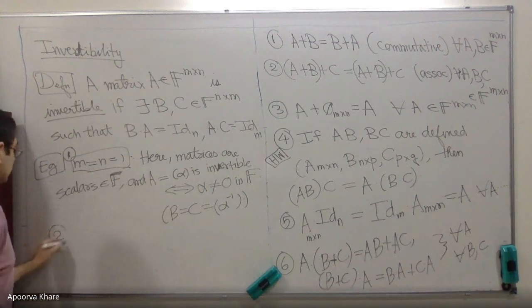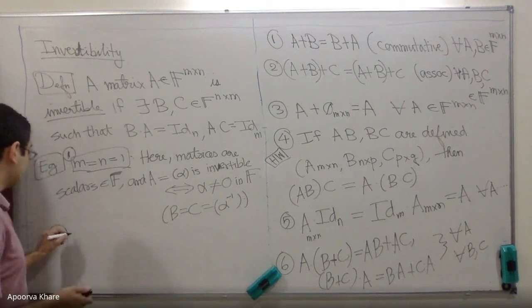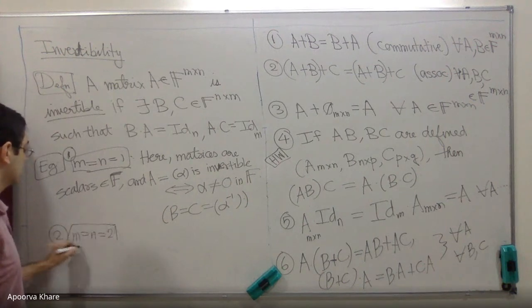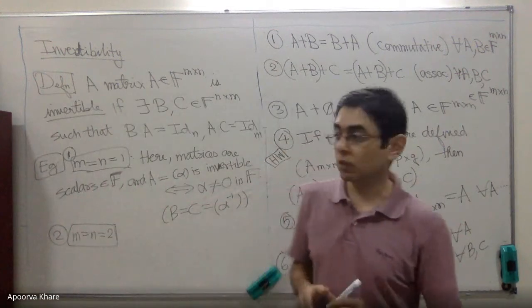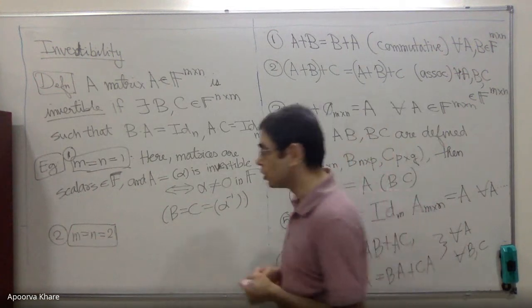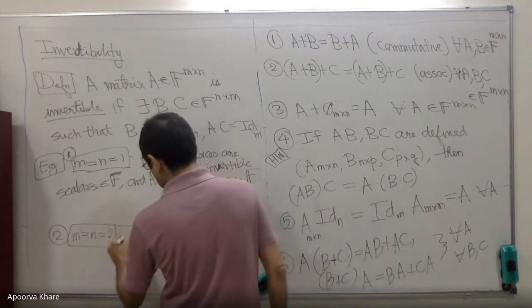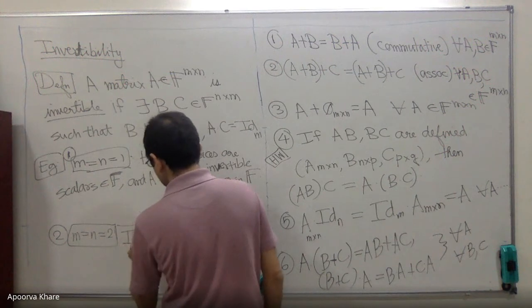So basically every non-zero scalar is invertible. What happens, let's say, if n equals 2? Does every non-zero matrix have to be invertible? And the answer is no. First of all, the identity matrix is invertible.